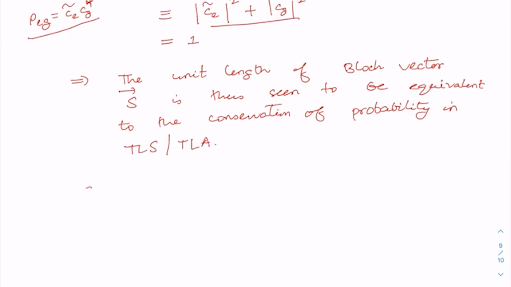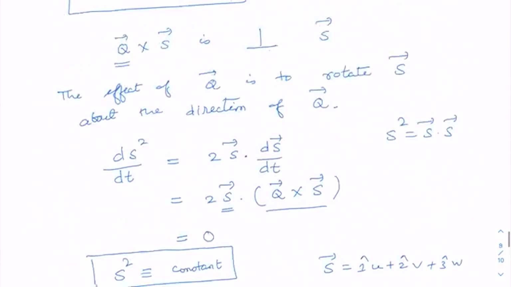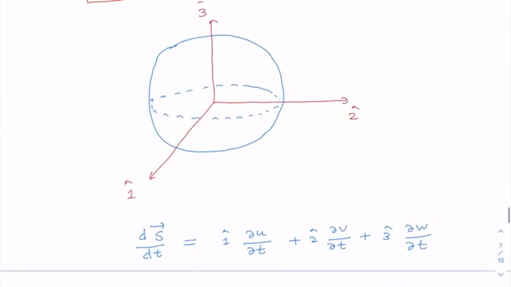So whenever s square is equal to 1, the tip of the Bloch vector, suppose this is the surface, always touches the surface of the sphere, and the Bloch vector always lies on the surface of the sphere, and only the angle of this Bloch vector changes as the two-level system evolves in time.